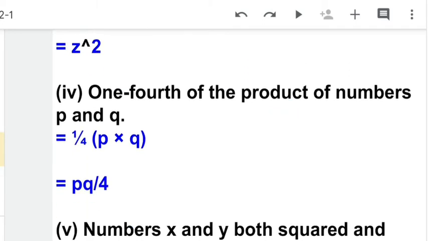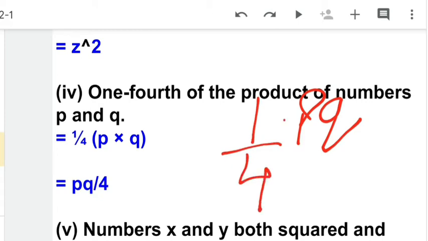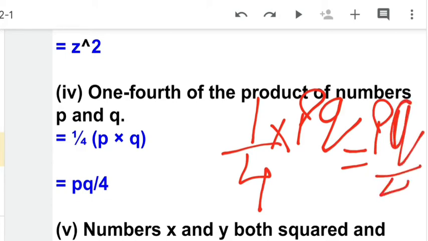Next is 1/4 of the product of numbers q and p. First we have to find the product of p and q. We can write it as PQ, and then we have to find 1/4 of their product, that means 1 upon 4 multiplying with PQ, that is we can write it as PQ upon 4.